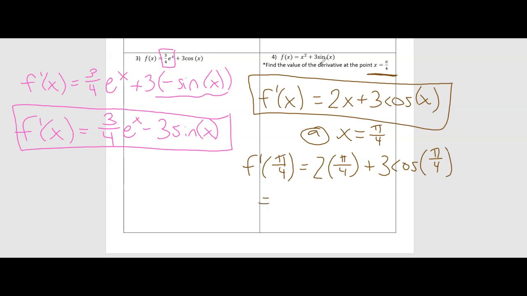This is going to give me pi over 2 plus 3. Cosine of pi over 4 is root 2 over 2. So this gives me pi over 2 plus 3 root 2 over 2.